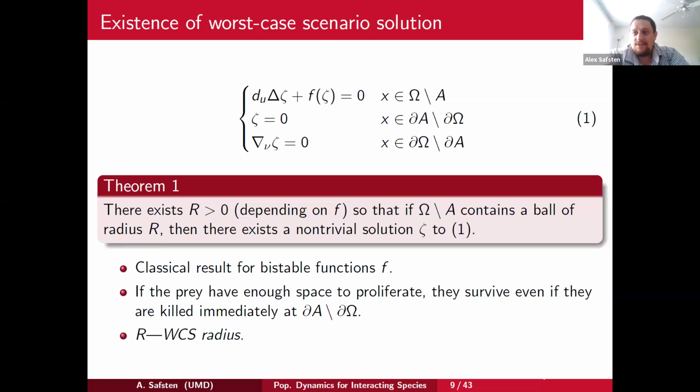So this means that the worst case for the prey is a sustainable situation as long as the predator-free zone is big enough. If we give the prey enough breathing room so they can proliferate and reproduce without fear of being hunted, then they can still survive being hunted on the boundary of that predator-free domain. And we'll call R the worst case scenario radius.